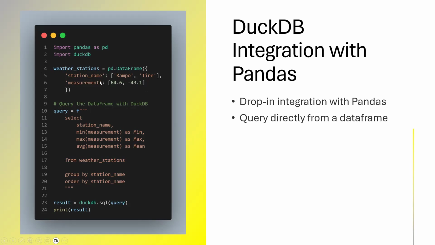So a station name and measurements for each of those stations. And then using DuckDB, you're able to query directly from that Pandas data frame. So you don't even have to create a DuckDB object. You can just reference the data frame variable name and put that in the from statement there. So it's very easy to drop in and do these operations that DuckDB performs better on, to get that performance boost.